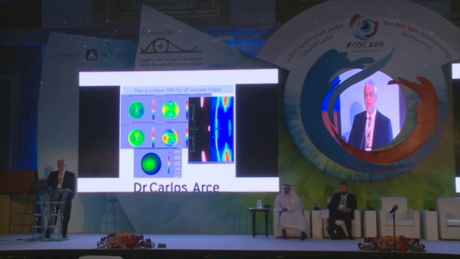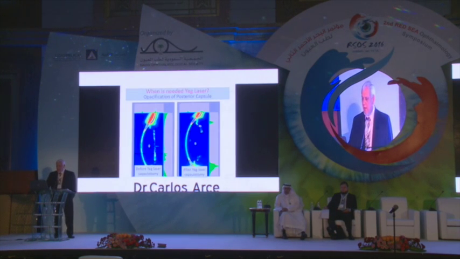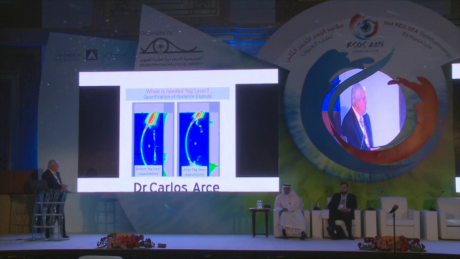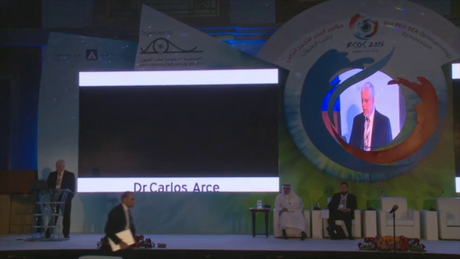There is a special software for corneal inlays. We in Brazil have to prove to the insurance company that we have the disease, so I send this image, and now they approve immediately the YAG laser, the capsulotomy with YAG laser.